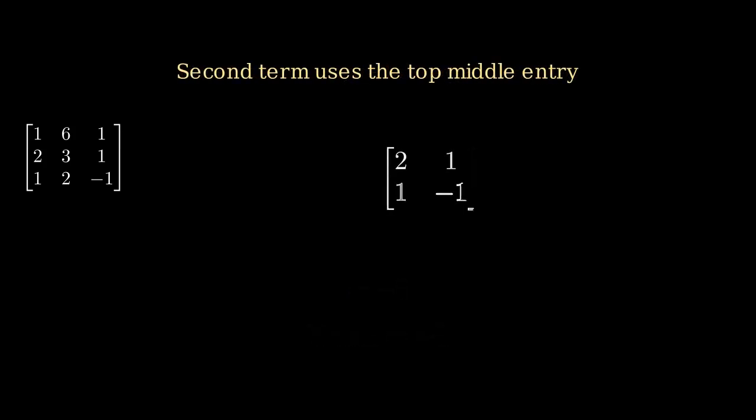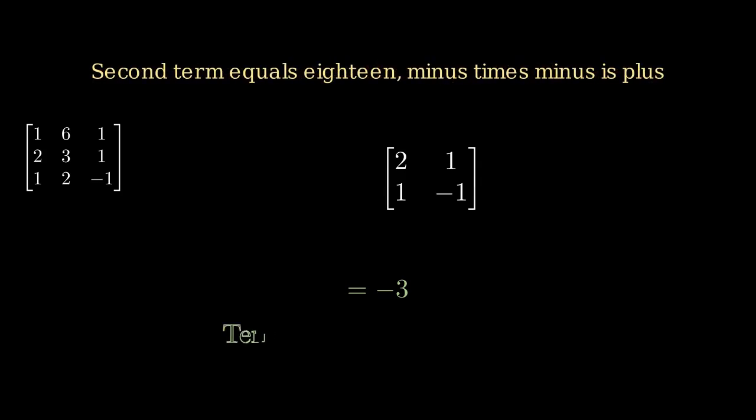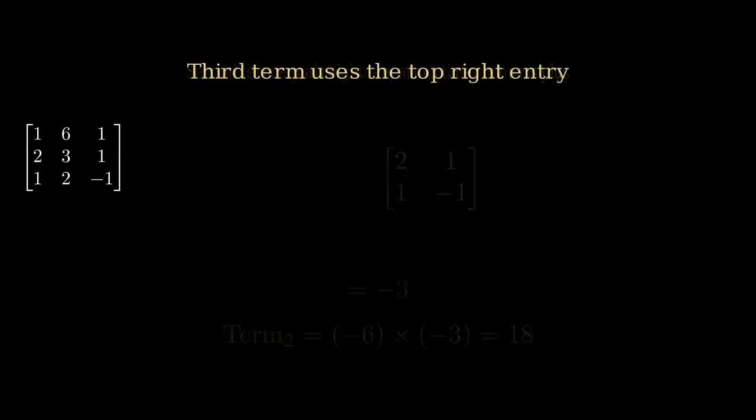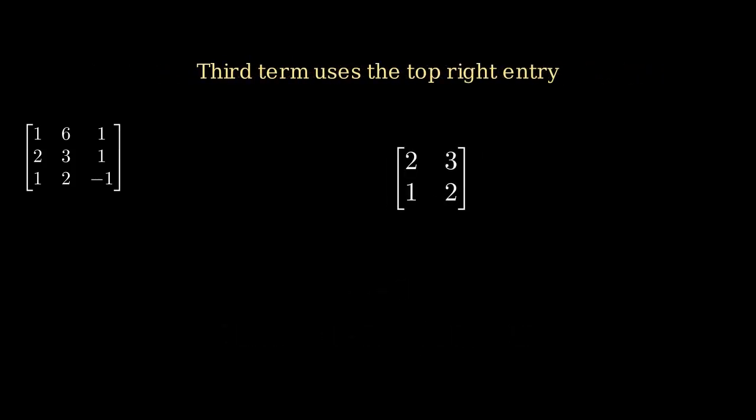The second term is minus 6 times the determinant of 2, 1, 1, negative 1, which equals 2 times negative 1 minus 1 times 1 equals negative 2 minus 1 equals negative 3. So the second term equals minus 6 times negative 3, which equals 18.